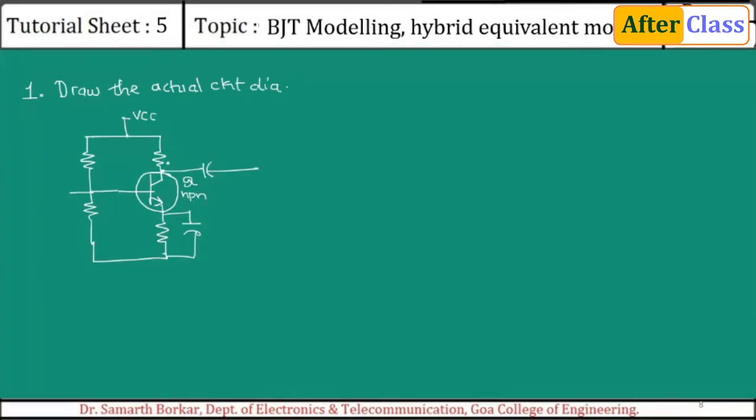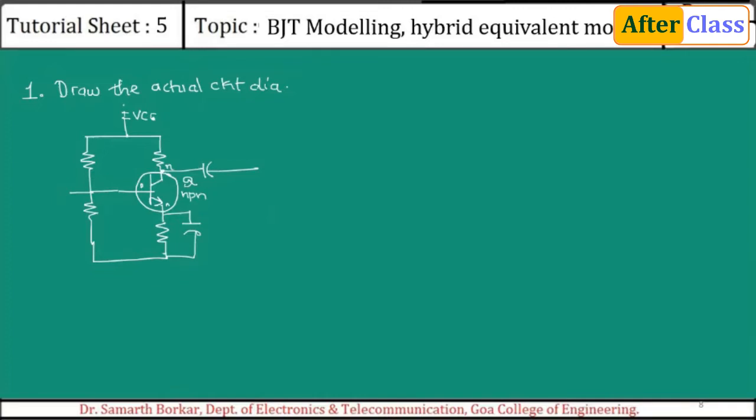Since this is NPN, this terminal will be N. And you remember, for the active region, the collector has to be reverse biased. So N has to be connected to the positive. For a PNP transistor, this sign has to be negative. So when you are working with a PNP transistor, just remember to change the polarities of all the voltages and currents.